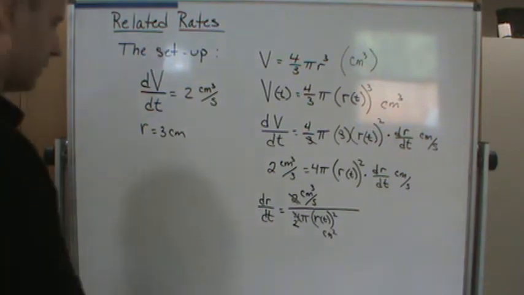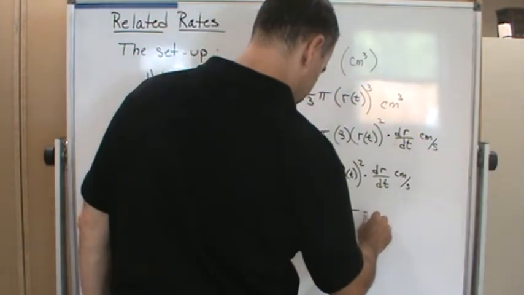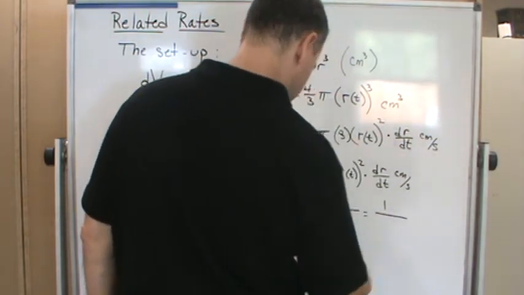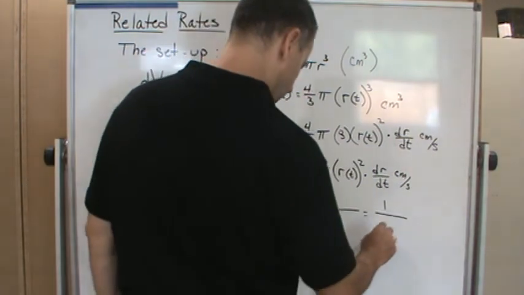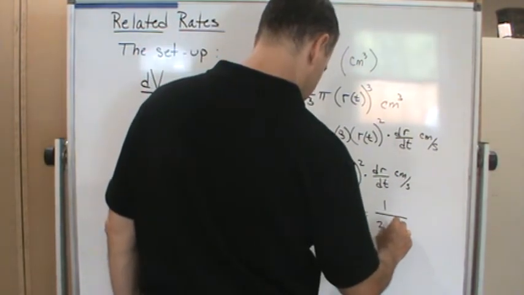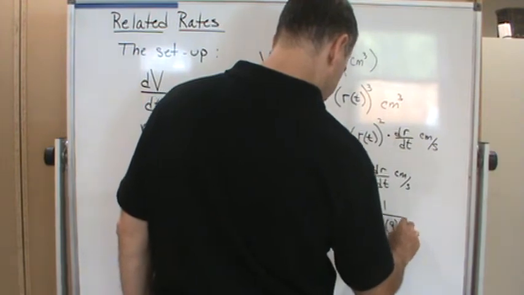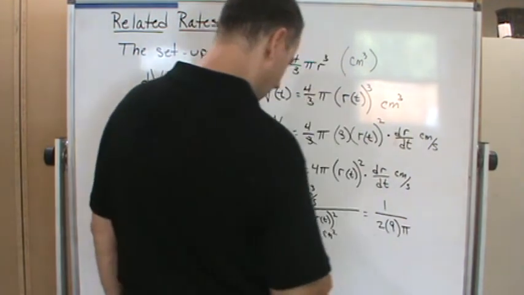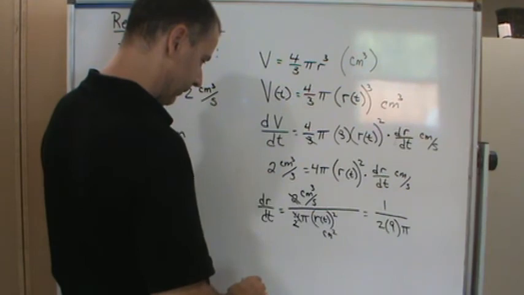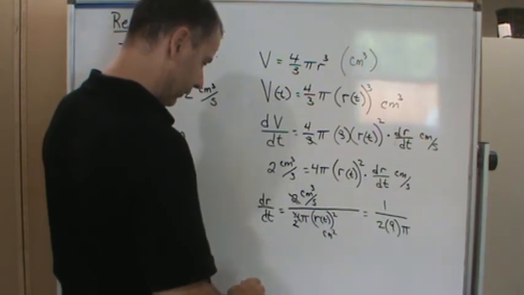So now we're just going to simplify this. So this is equal to 1 over 2 times 9 times pi, right?